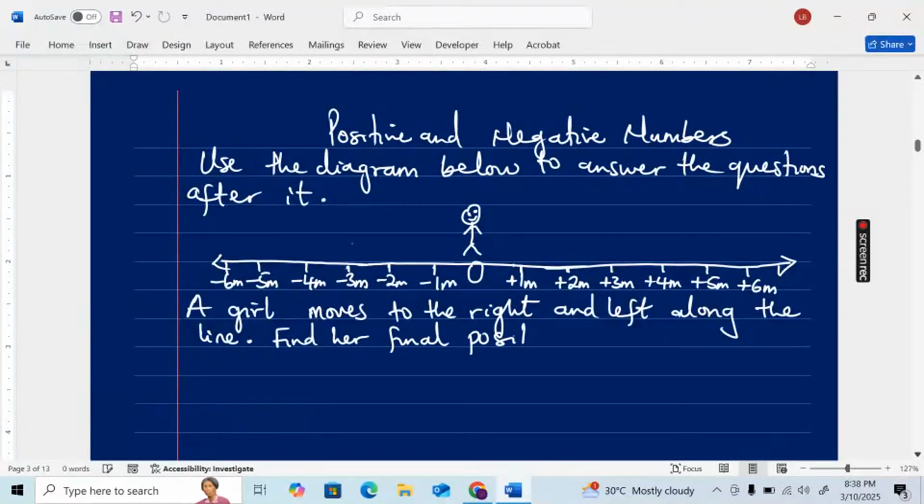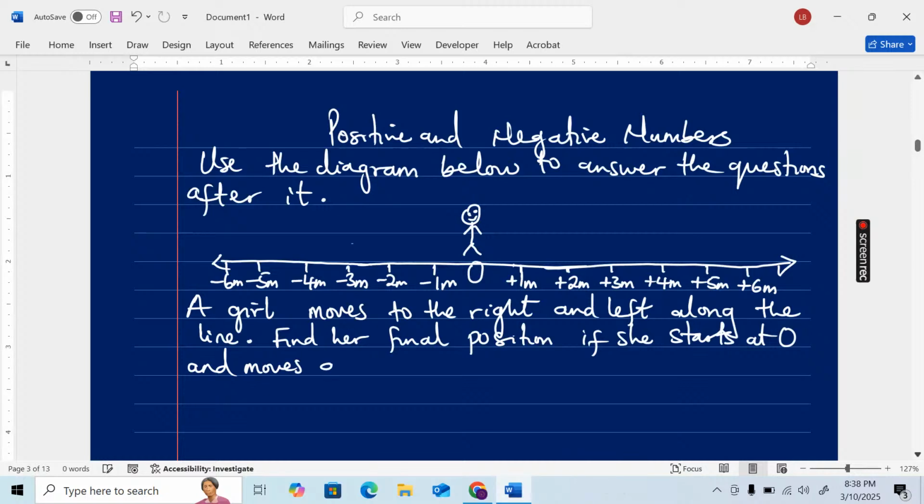Find her final position if she starts at 0 and moves as follows.